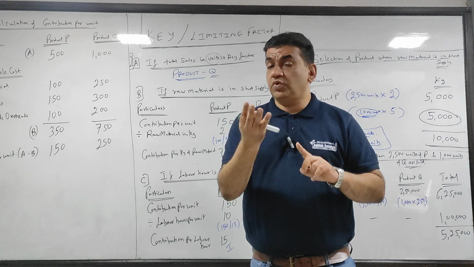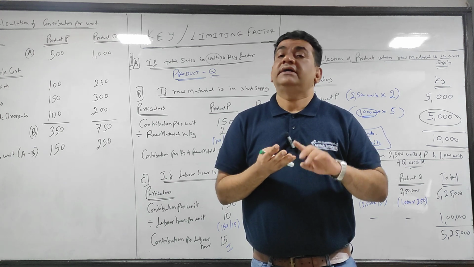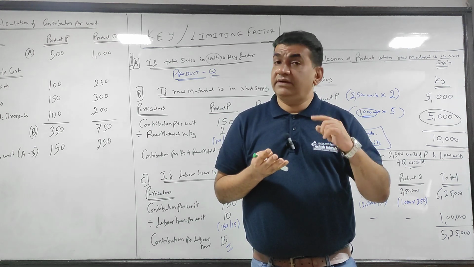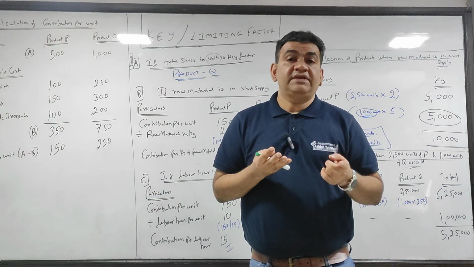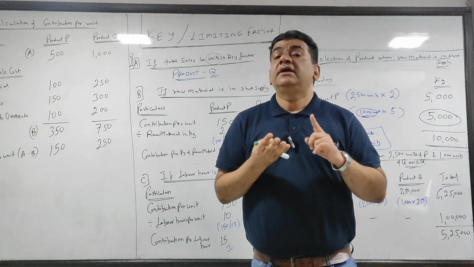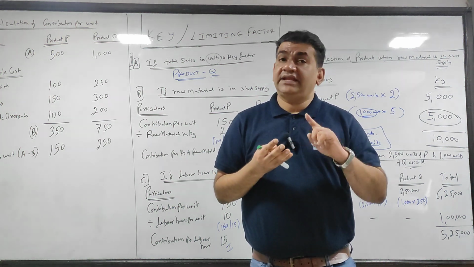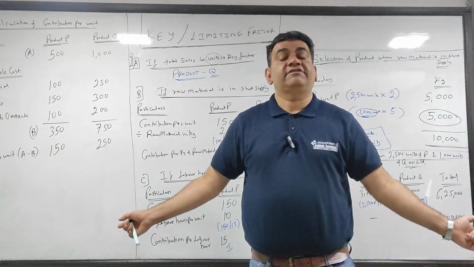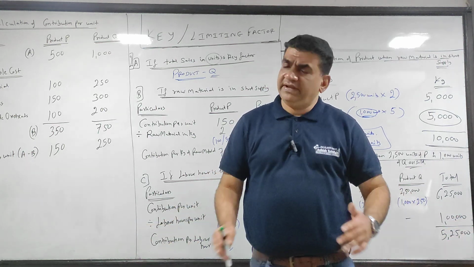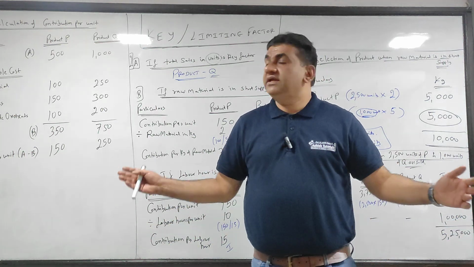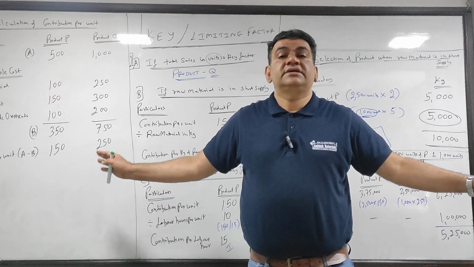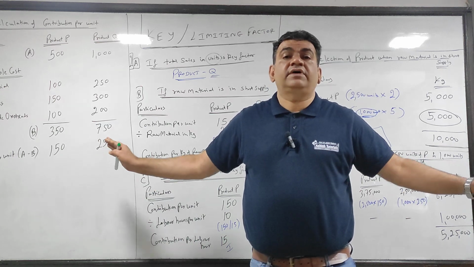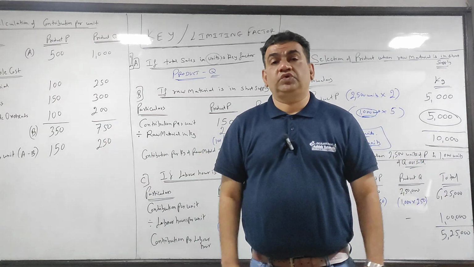First session में, which was open on YouTube, we did high demand, low demand product mix. Previous session में 2 parts, discontinuance of product and export offer, और यहाँ पे key factor. These are the 5 main parts. Of course और भी variations है, but I'm keeping these 5 parts open on YouTube.